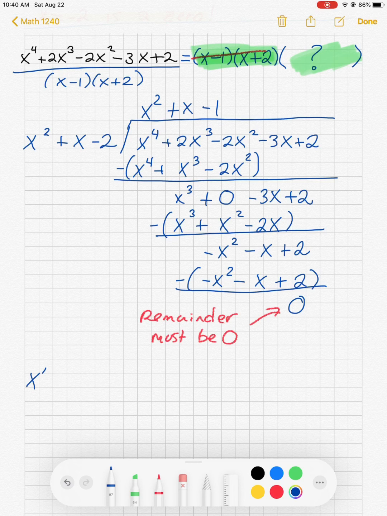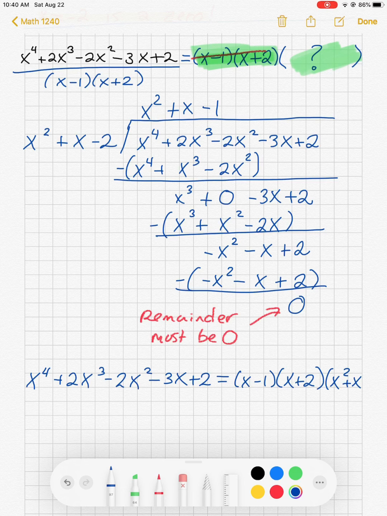We concluded that our original polynomial, when we divide out these two factors, the resulting quadratic looks like so.